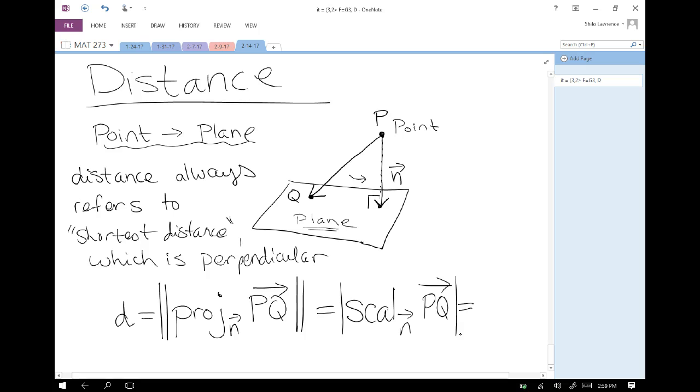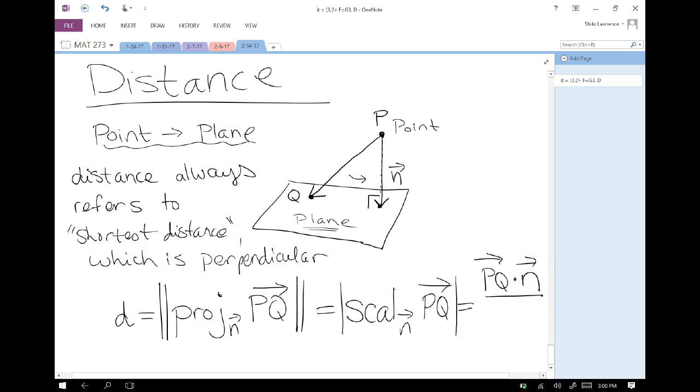We just talked about the projection formula at the beginning of class when we reviewed that homework problem. The scalar projection left off the piece that turned our vector into a unit vector. So what was the numerator? It's the dot product. So this is going to be PQ dot N.